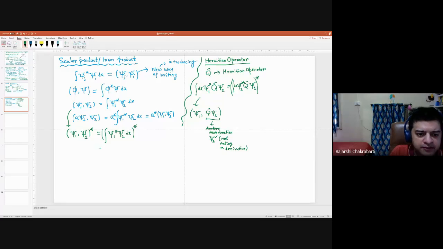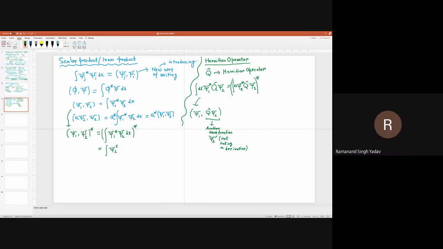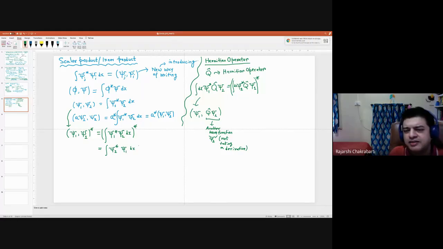And what will be the answer? This is going to be psi1 psi2 star dx, psi2 star psi1. Yeah, just write it like this. This is fine, just taking the complex conjugate of the whole thing.